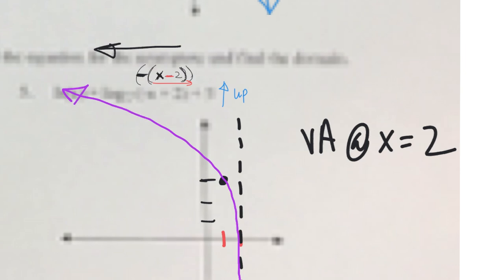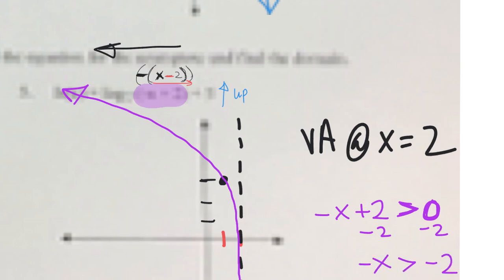Okay, so if you're not sure about which way the graph opens, let's go ahead and find the domain. And the domain is found by taking everything in your parentheses, negative x plus 2, and making sure it's greater than 0. Because you can't take the log of a negative. So let's solve this for x. So we'll subtract 2 from both sides. Negative x is greater than negative 2.